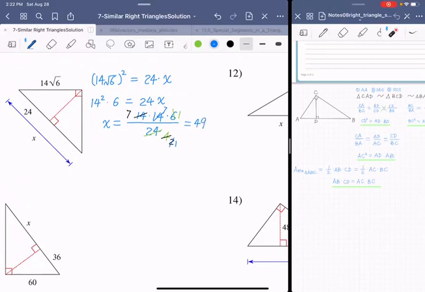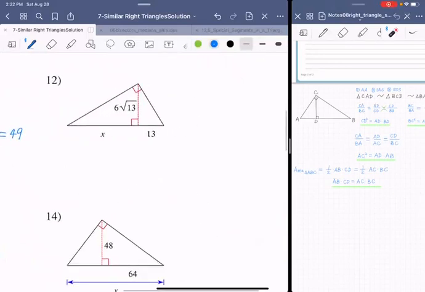Make sense? Okay. Now I keep enforcing students to work on this kind of mental math so that you can do well for the non-calculus sessions. Okay. Debbie, number 12. 13 squared equals x times 13.